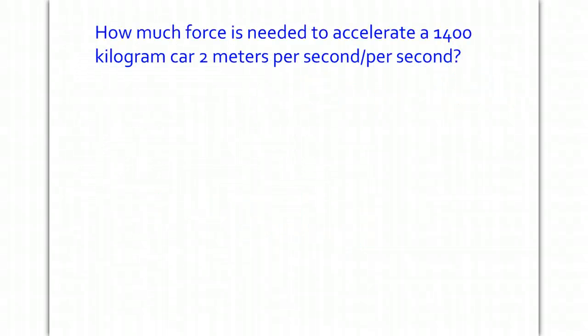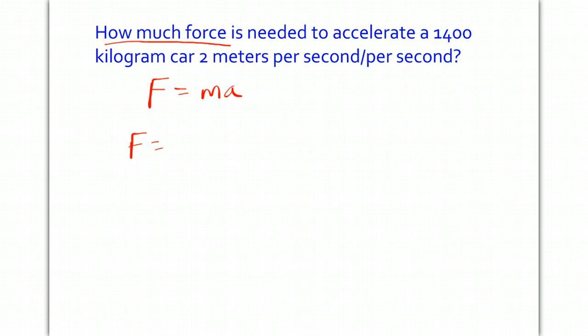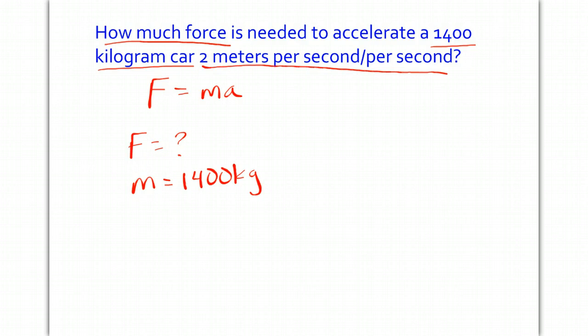So let's do some practice problems. Realize that your equation is force equals mass times acceleration. And if we're on Earth and an object is falling, then you may be dealing with force equals mass times the acceleration due to gravity. So in this case, how much force, so force is what we don't know, is needed to accelerate a 1,400 kilogram car, so the mass is equal to 1,400 kilograms, at 2 meters per second squared.